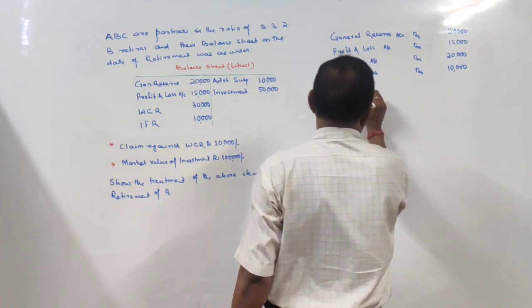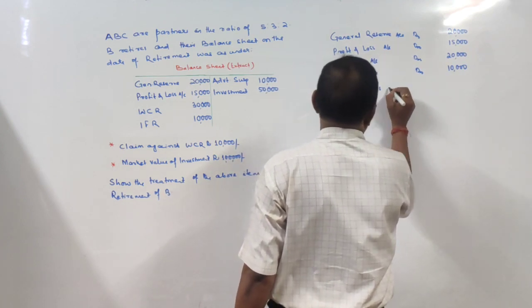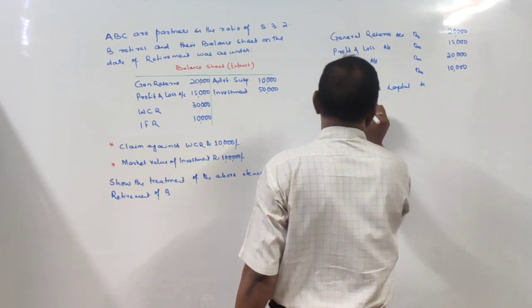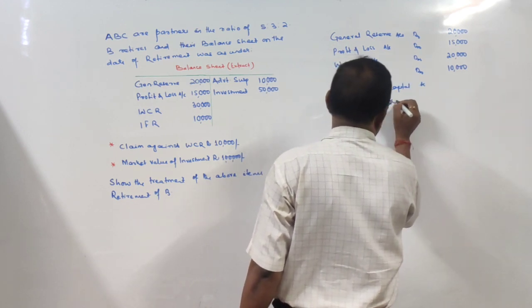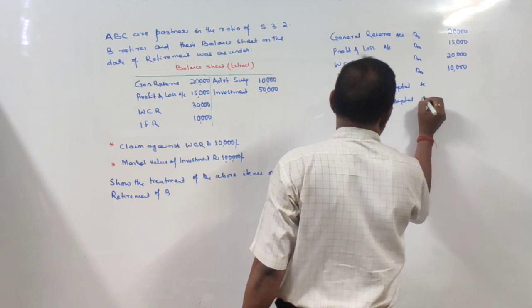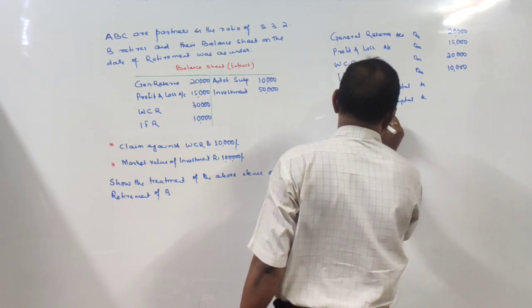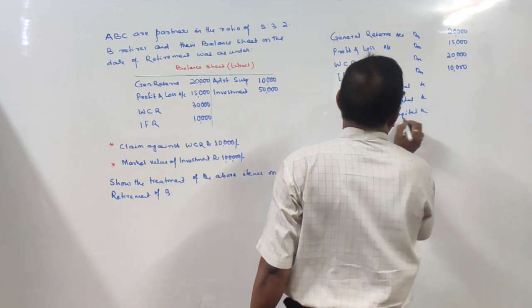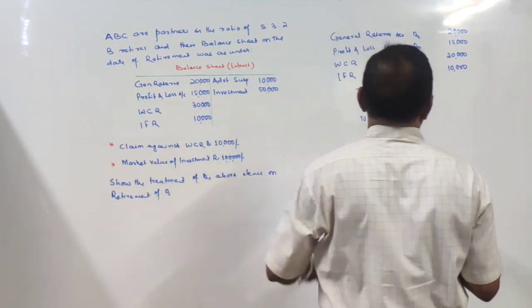To A's capital account, to B's capital account, and to C's capital account. Right? So it will be in the ratio 5:3:2.